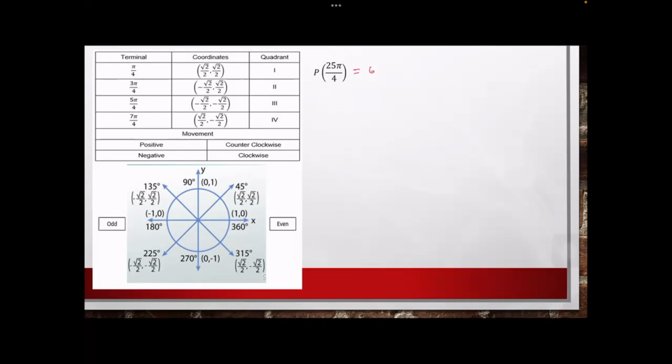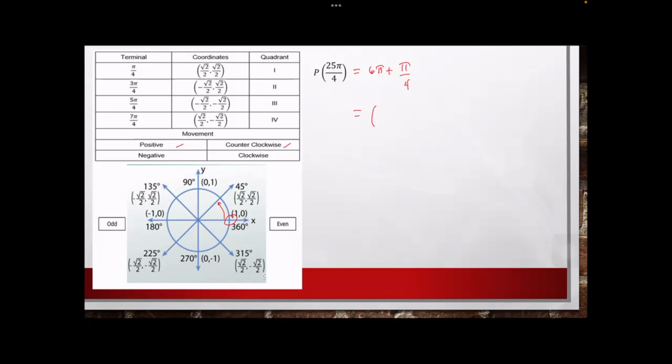Mag-aaral tayo ng 6 pi plus what? 1/4 po. 1/4. So therefore, 6 pi is even. So mag-start siya dito. Mag-add ka lang ng isa. So from here, this is positive. Tapos this is counterclockwise. So mag-add ka lang. So mag-aaral ng sagot na anong coordinates nito, RJ?